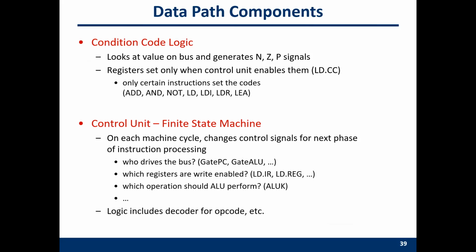The control unit is one finite state machine in the instruction set. Each cycle it will change the control signal for the next phase of instruction processing. So the control unit needs to worry about all the details of the components in the instruction set.